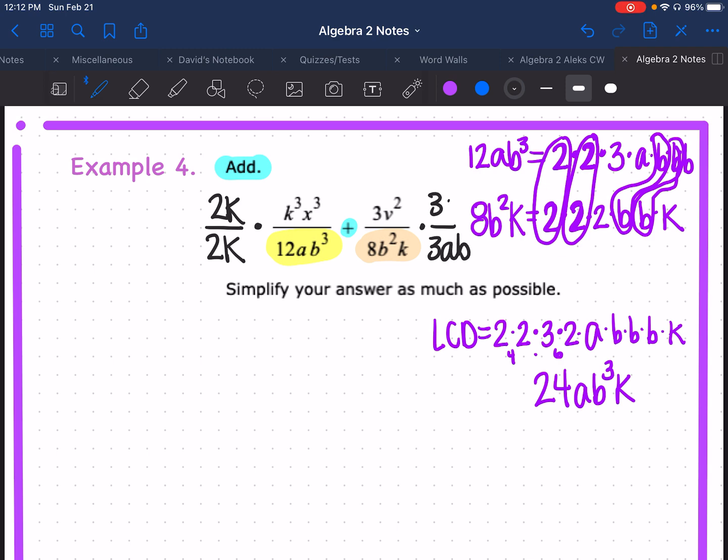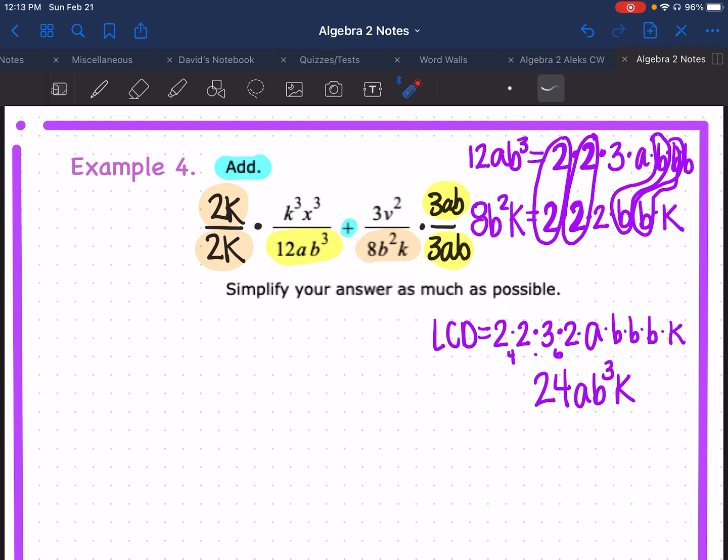What I do to the bottom, I do to the top. Now take a look. These are still coming from what's left, right? This is what's coming from what's left in my 8, and this is what's coming from what was left in my 12. These are coming from each other.